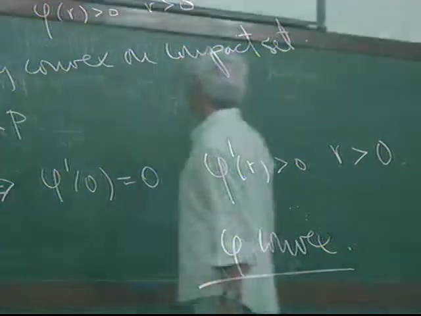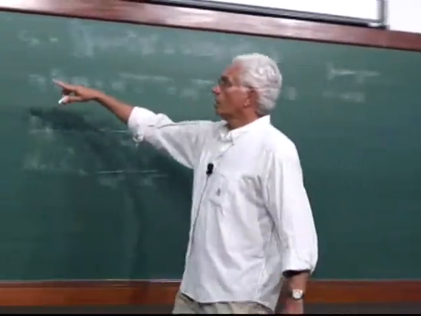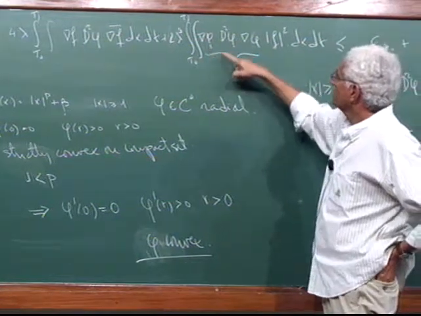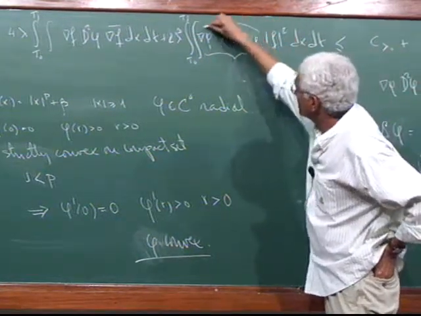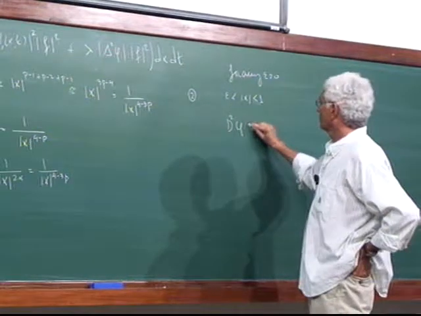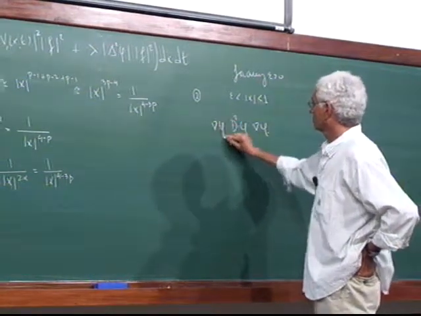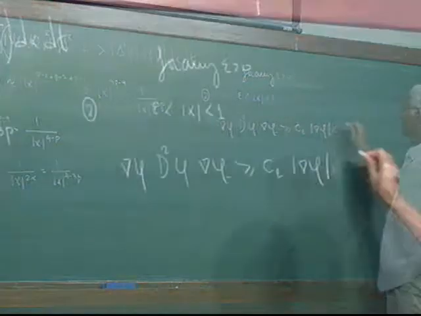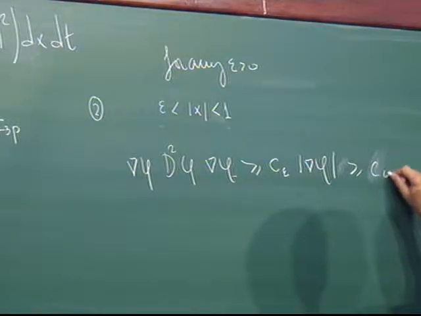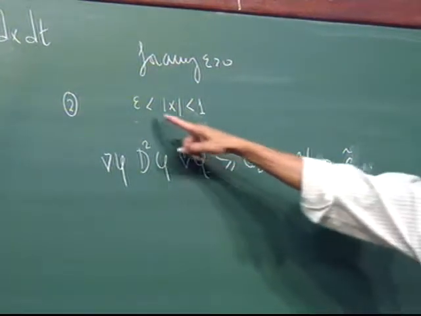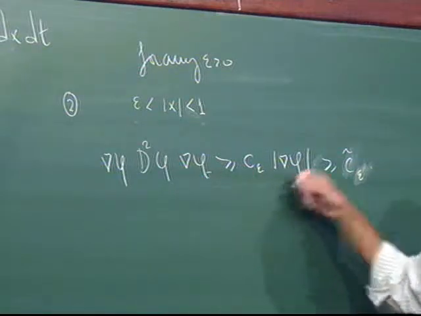Then let's see what is the control that you have from below. This one is convex. Then you know that all this quantity is bounded below. Then in this quantity, you have this in this domain. Because you are convex, you have this square.